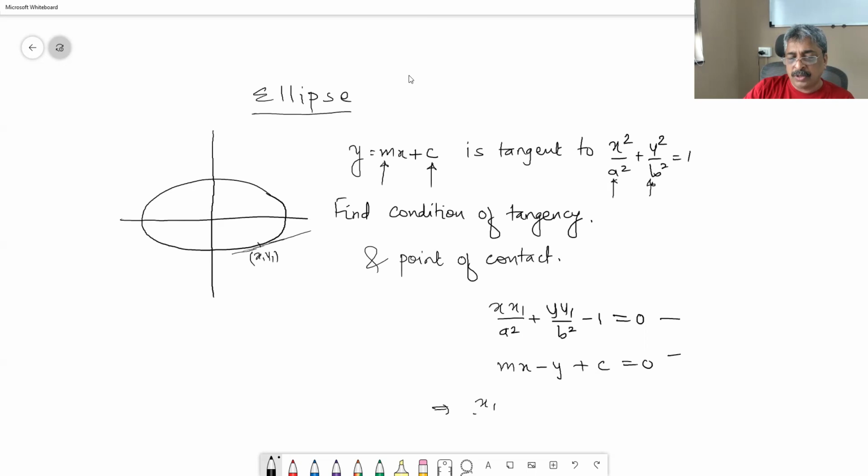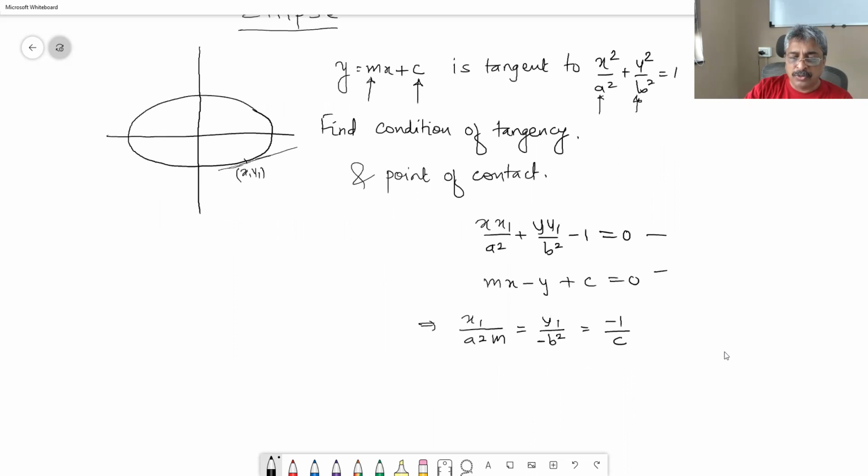Therefore, x1 upon a square upon m should be equal to y1 upon b square upon minus 1, which is equal to minus 1 upon c. Oh, good. Directly we got the point of contact. Therefore, x1 is equal to minus a square m by c.